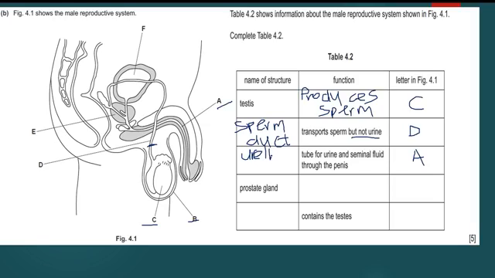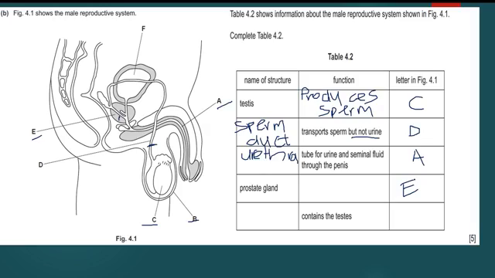That's the urethra. Then prostate gland. So prostate gland, we are going to give it this one. That will be E. Prostate gland, we are going to give it E.